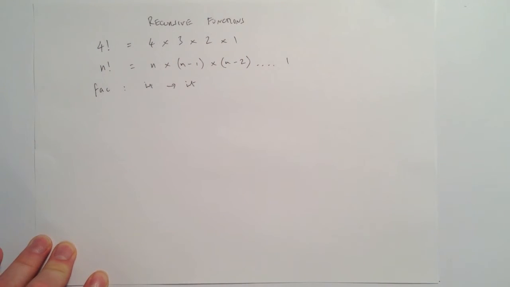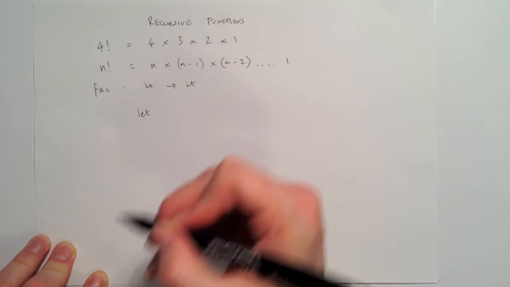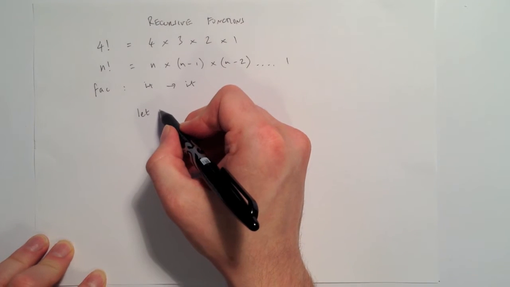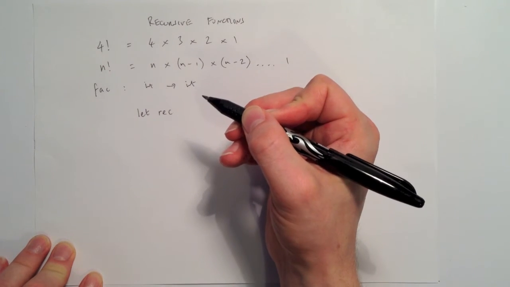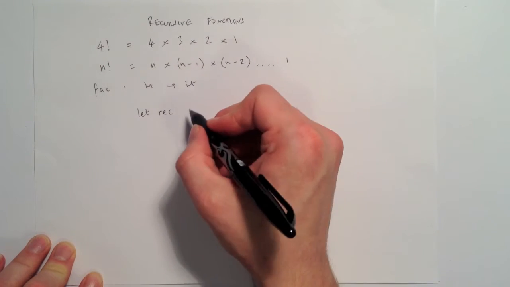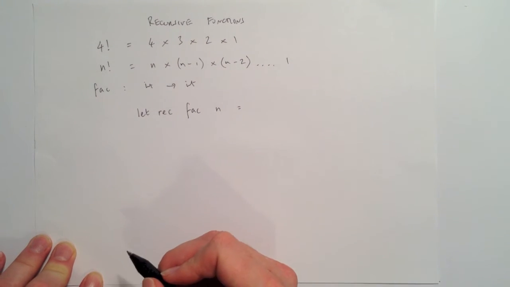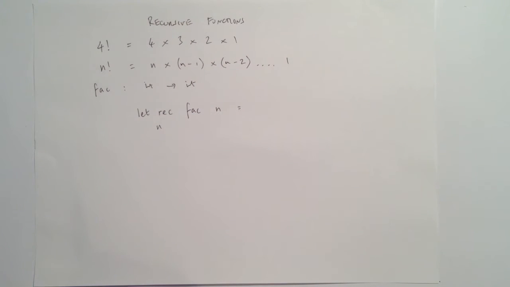Simple enough. So to define that function, again, even more new words. When a function uses its own definition to calculate something, we have to put the extra word rec in there. That just stands for recursive. So let rec, we'll call our function fac. It takes a number n. In most cases, we want n times n minus 1 times n minus 2 and so on, but we have to know when to stop.